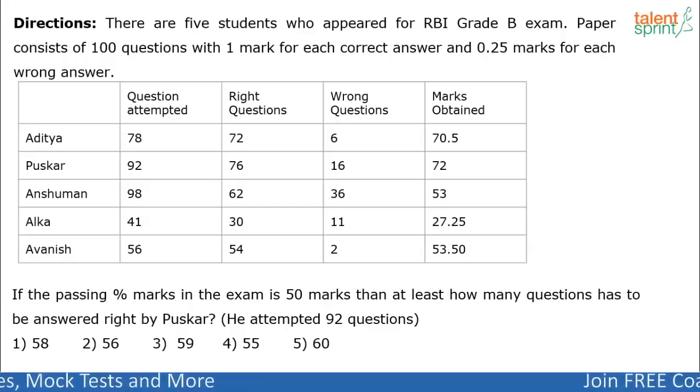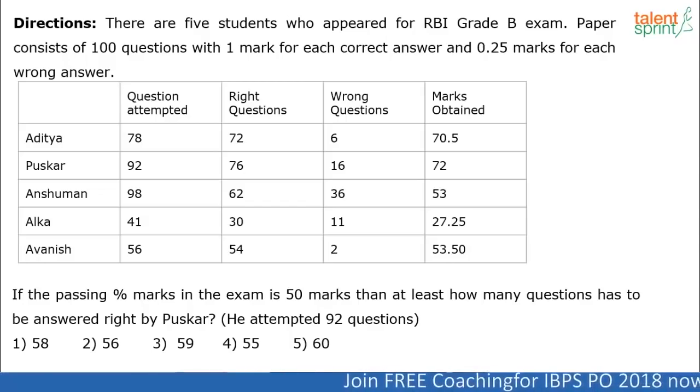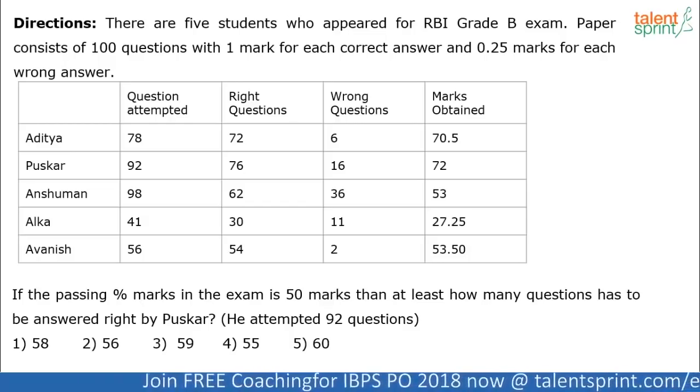Alright, so different answers have come in. 58, 54, 59. Tell me, what have you done to arrive at the answer? 55. So 58, 59, 55, all these have been marked. 56, Bikram has got 56.